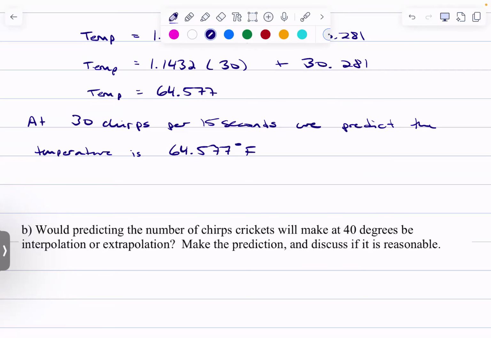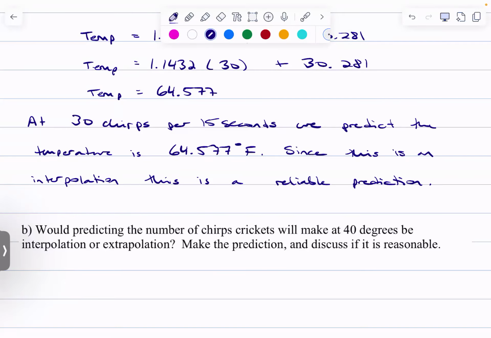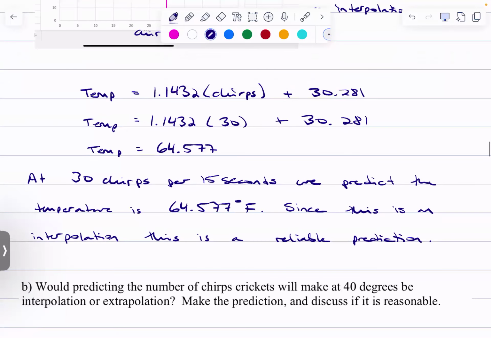And since this is an interpolation, this is a reliable prediction. It's just a fancy way of getting a line, using the line, and understanding some scatter plots.